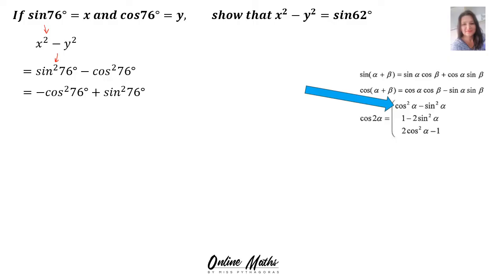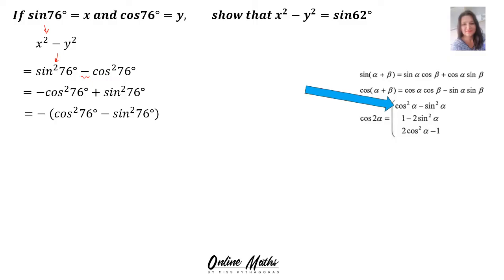But be careful, when you rearrange, the minus went with the cos squared. And then it's still not the double angle, since on the double angle, the cos is positive and the sin is negative. So what we have to do in our sum is we have to take out a minus as a common factor. And then you're left with bracket cos squared 76 minus sin squared 76.